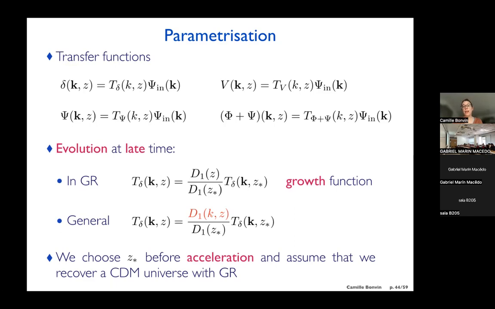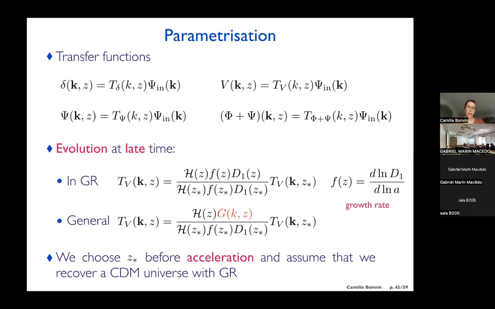So we link every deviation from lambda CDM to the onset of acceleration, to the fact that we have a strange behavior in our universe at late time. This is, of course, an assumption and a restriction about all the different types of model. It's not essential to the formalism. It just simplifies a little bit the calculation, and that's why we decided to use that in our forecast.